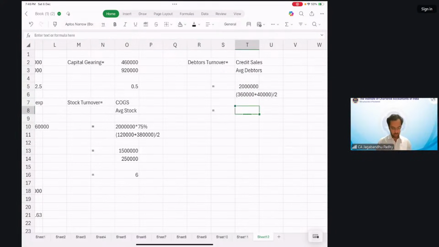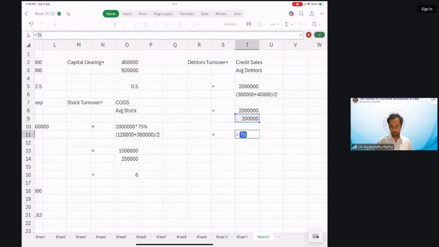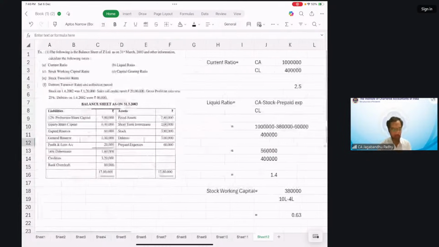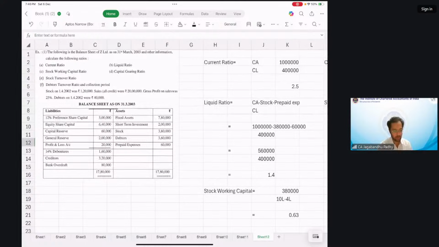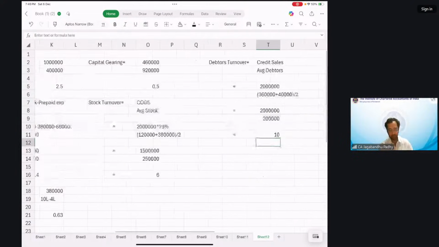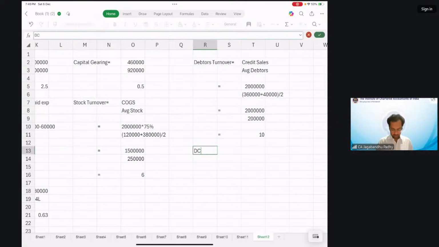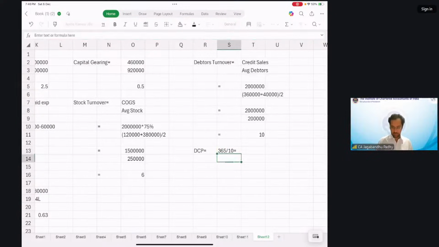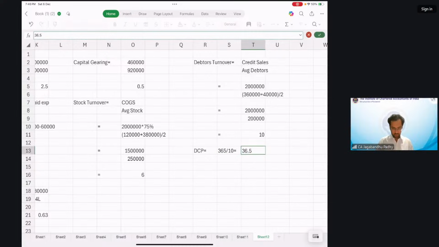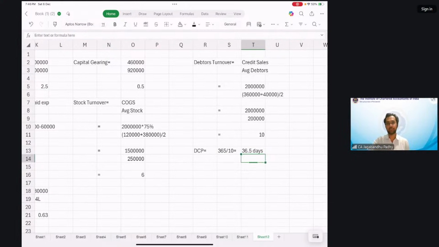So this is essentially 20 lakh divided by 2 lakh. That's 10 times debtors turnover. And then it also asks about the collection period. So debtors collection period will be 365 divided by 10, which is 36.5 days.